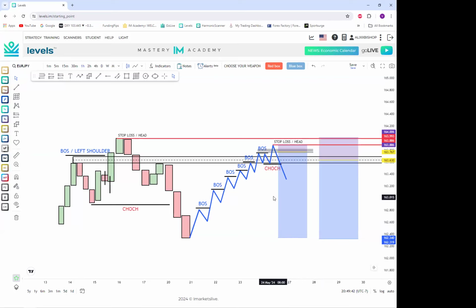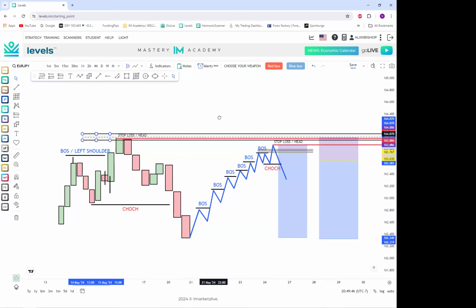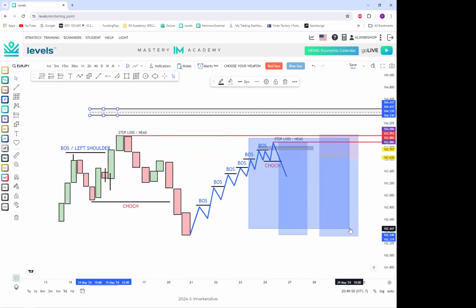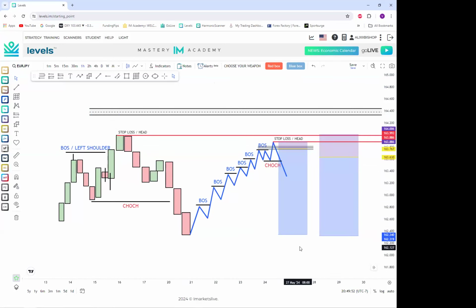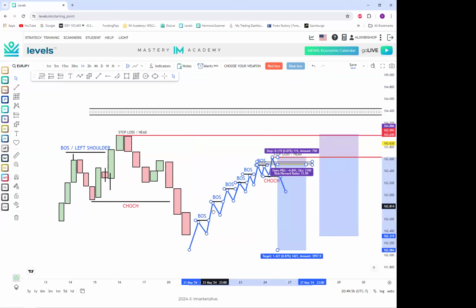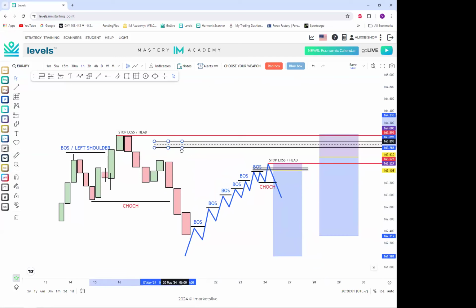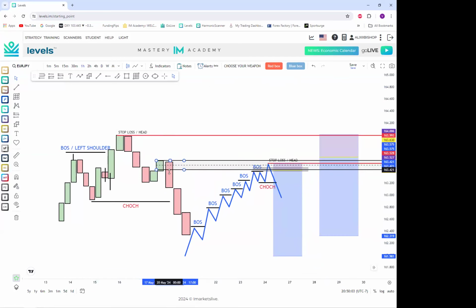Now, guys, this can happen for the starting point as well. Right? Let's move this down. We have the starting point that's right here. We had a breakout rally to the downside.